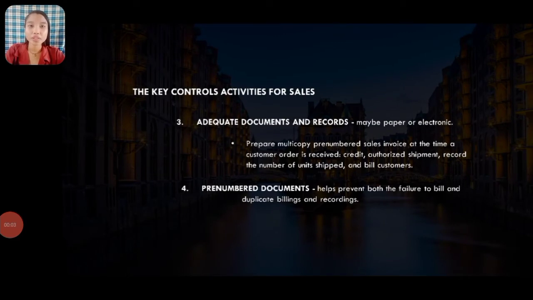Now let's move on to the third key control activity for sales, which is adequate documents and records. Recording documents and records can be done on paper or electronically. Adequate documents and records means the preparation of a multi-copy pre-numbered sales invoice at the time a customer order is received, credit authorized, shipment made, the number of units shipped recorded, and customers billed.